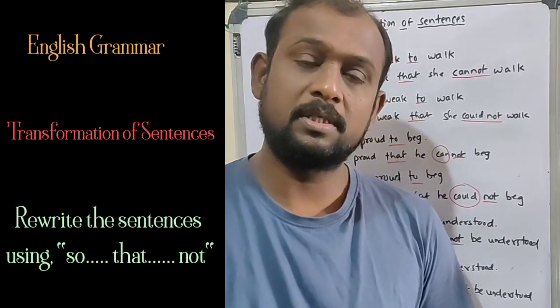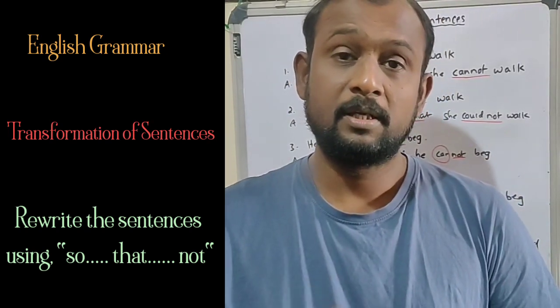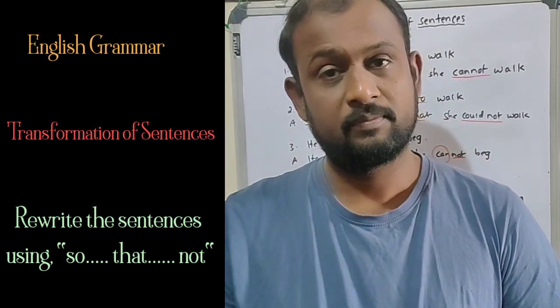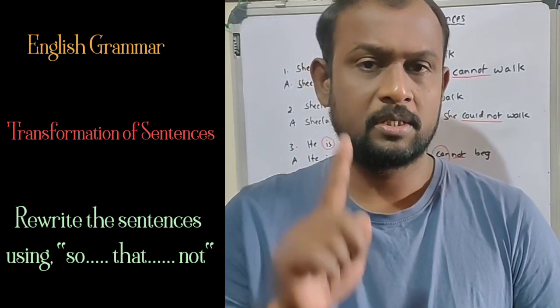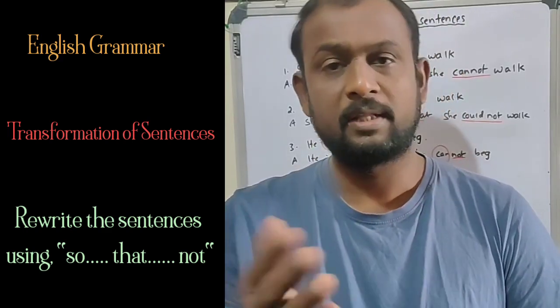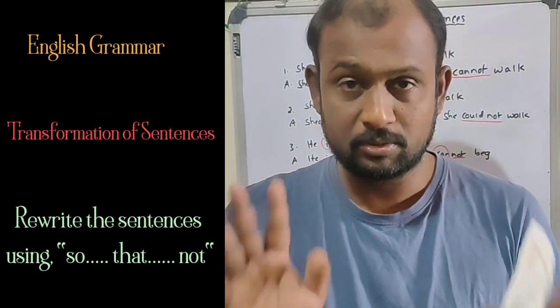Both sentences convey the same meaning, but their grammatical structures are different. That is the most important thing to keep in mind while transforming from one form to another: the meanings should not change.